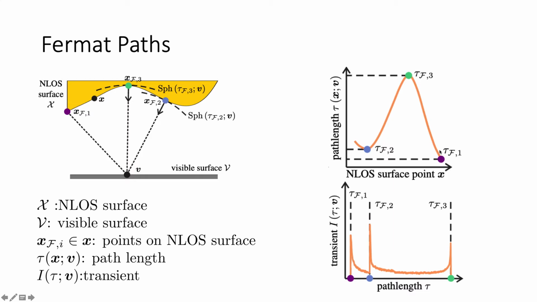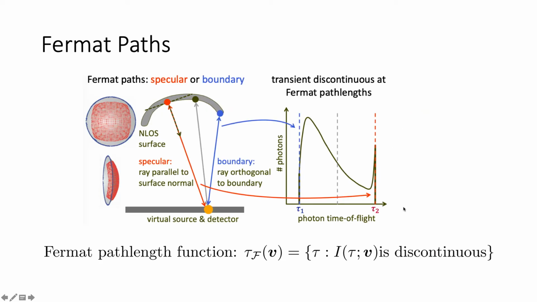And we can get the relation between the transient I and the path length tau. If we sort the path lengths in ascending order, we can see that the transient at points tau_f1, 2, 3 is discontinuous. This feature can be used to detect Fermat paths, and we define this as the Fermat path length function tau_f(v).